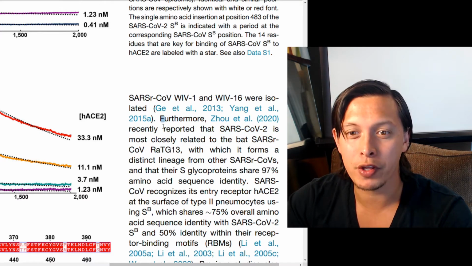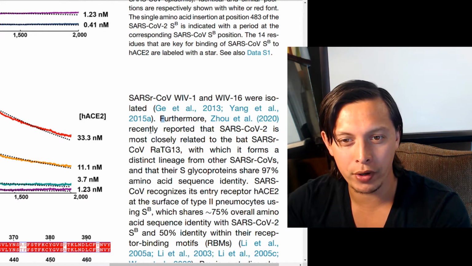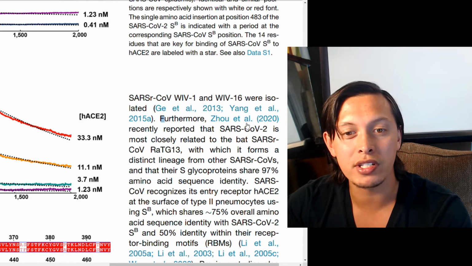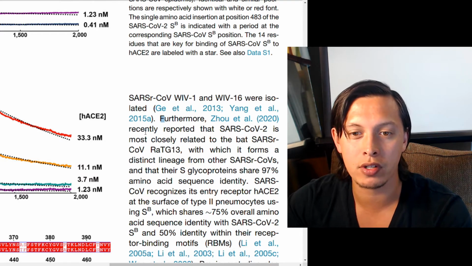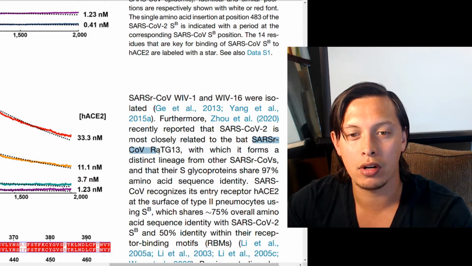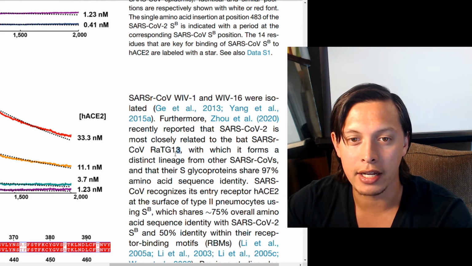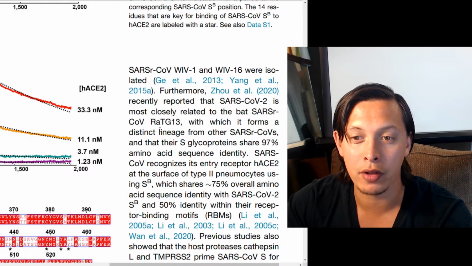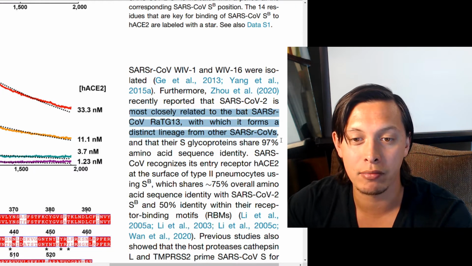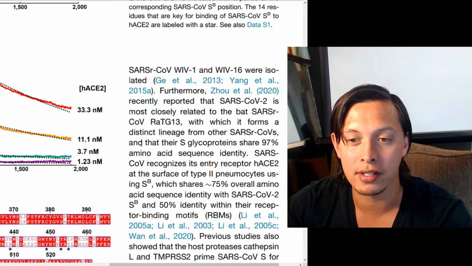Furthermore, Zhao recently reported that SARS-CoV-2 is most closely related with the bat SARS-related coronavirus RaTG13, with which it forms a distinct lineage from other SARS-related coronaviruses, and that their S glycoprotein shares 97% amino acid sequence identity.